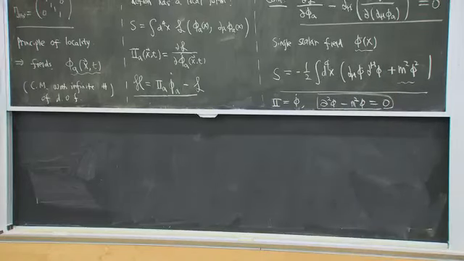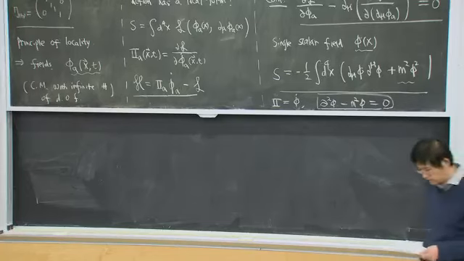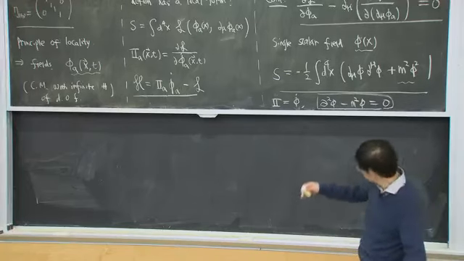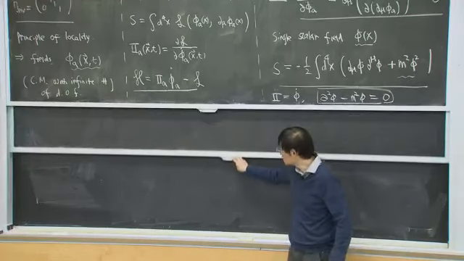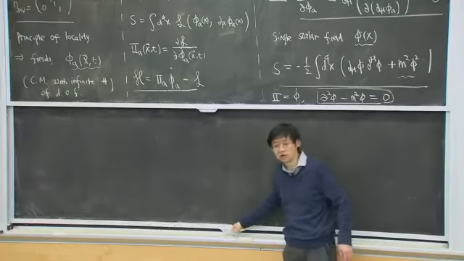So this is a very simple theory with a very simple equation of motion, but later we will see it teaches us a lot about general field theory. That is a very quick summary of some of the main points of last lecture.